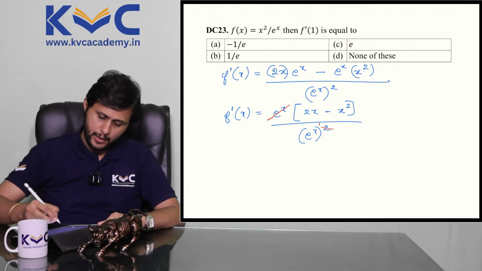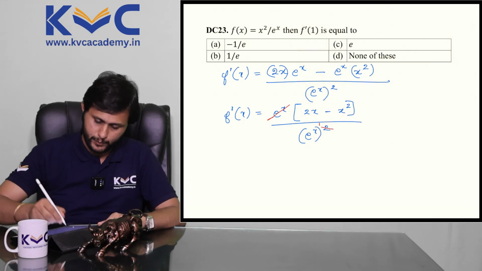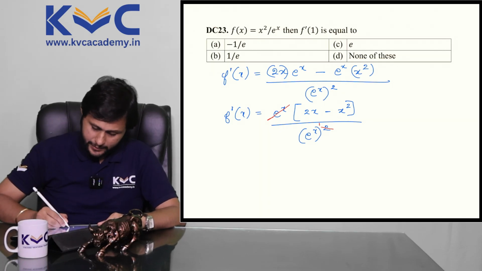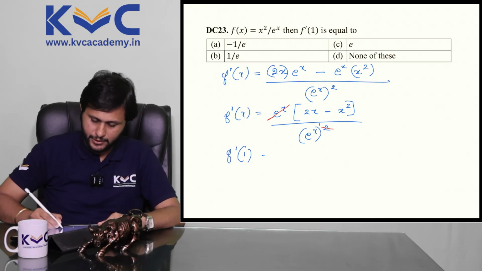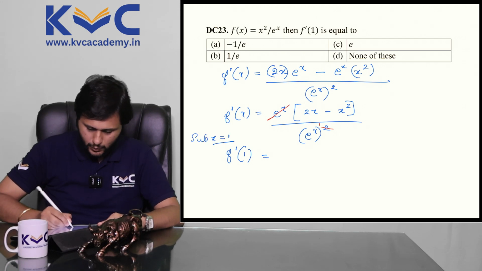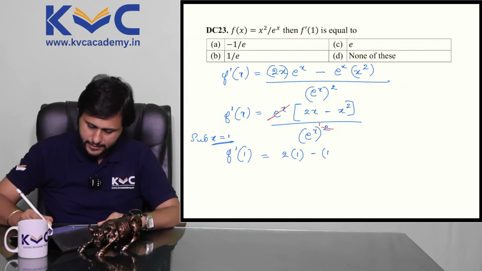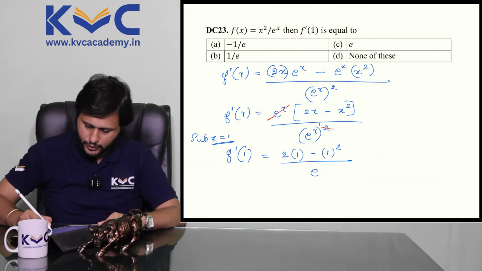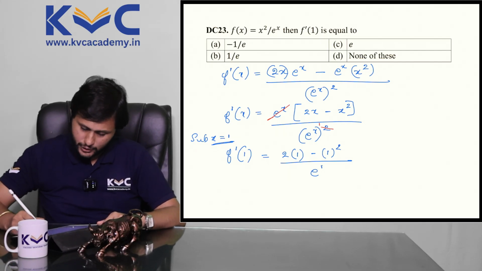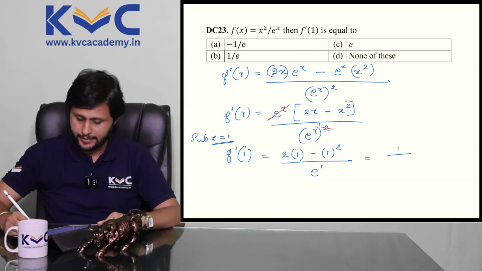Fine. And now what we can do is just substitute the value. Which value? We have f dash of x, now it is f dash of 1. Substituting x equal to 1, we get 2 into 1 minus 1 square divided by e to the power 1. 2 into 1 is 2. 2 minus 1 is 1 divided by e to the power 1, which is e.